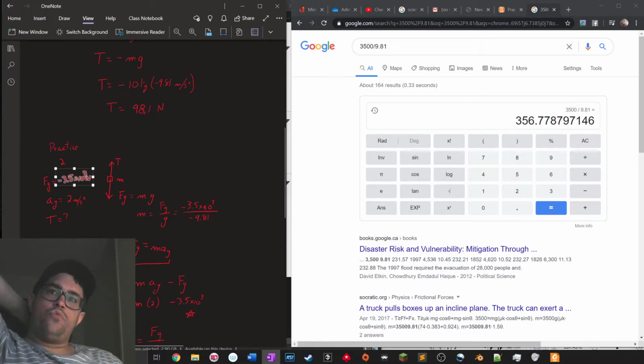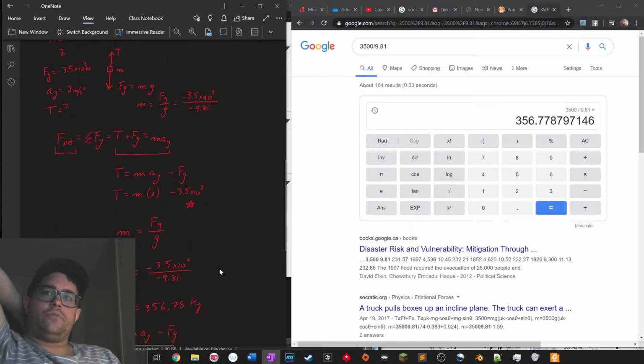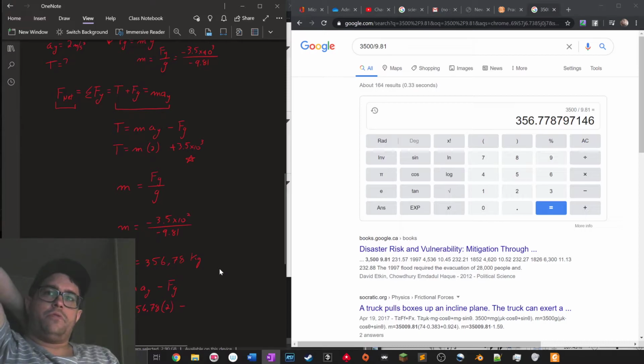So when I remove Fg from my formula here, minus Fg, it's going to be a minus from the formula and a minus from the Fg itself right here. So this would be positive, right? Because it's minus here and then minus 3.5. That's the real value. So that's a plus. Put a star.